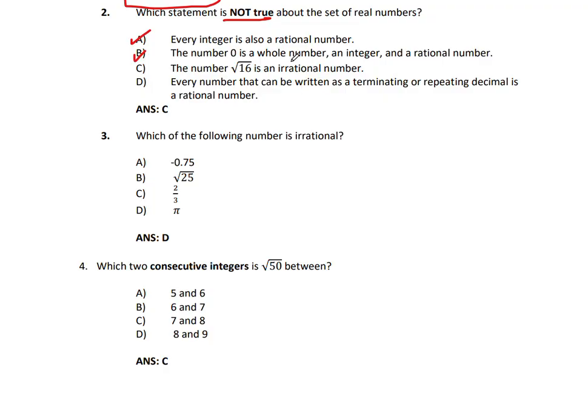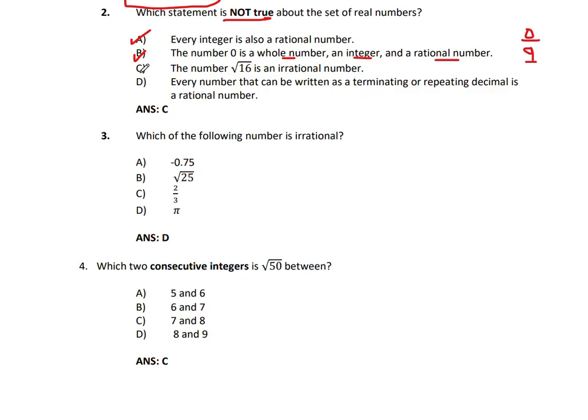Whole numbers are all counting numbers in addition to 0. 0 is also an integer because integers refers to negative and positive whole numbers in addition to 0. 0 is also a rational number because it can be expressed in a fractional form. 0 can be divided by a constant number, q, any number, whatever that number is, it doesn't matter, as long as the denominator is not 0, which is consistent with the definition of a rational number. So certainly 0 is also rational. It's a whole number, it's an integer, and it's a rational number.